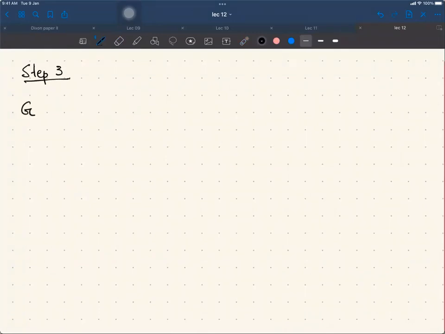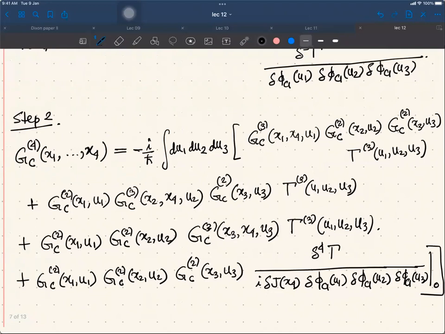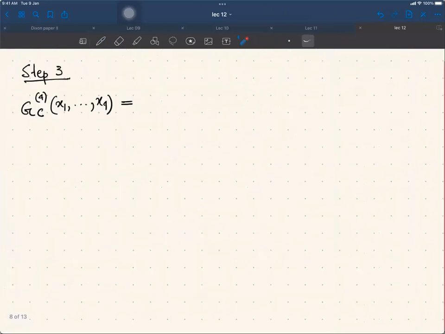What we are calculating is g4 connected x1 to x4. That was the left hand side. On the right hand side, the last term, let me write down that one first by applying that identity, and that will be minus i by h bar times integral du1, du2, du3, and du4.